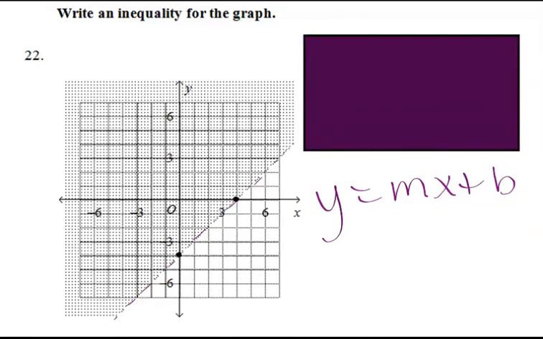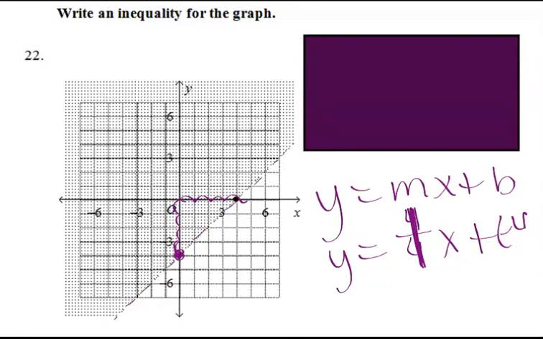We have a slope of, let's see, these are all units of 1, so rise 1, 2, 3, 4, rise 4, and run 1, 2, 3, 4. So we've got a slope of 1. So we have y equals 1x plus, and what's our y-intercept here? It's a negative 4. So we've got y equals x minus 4.